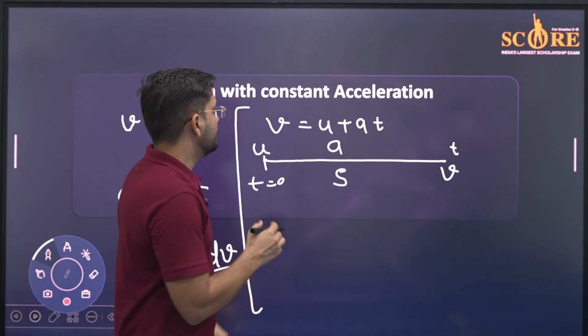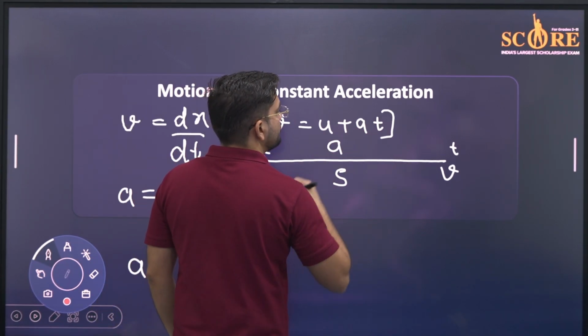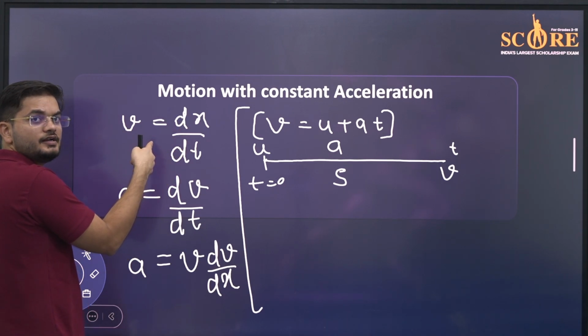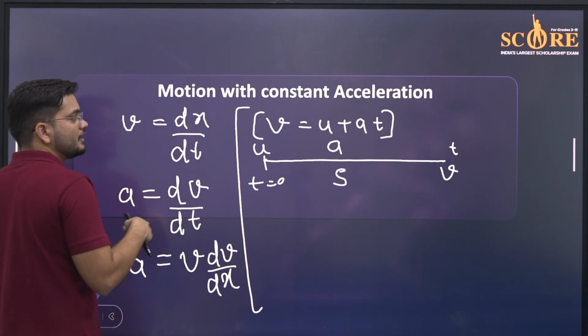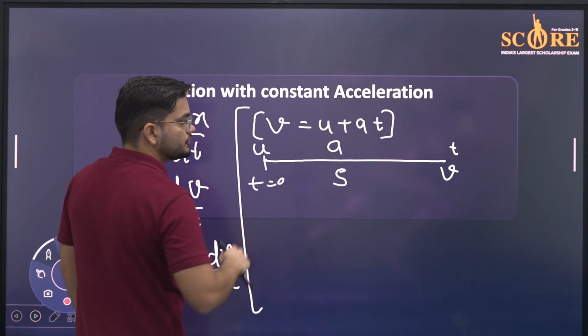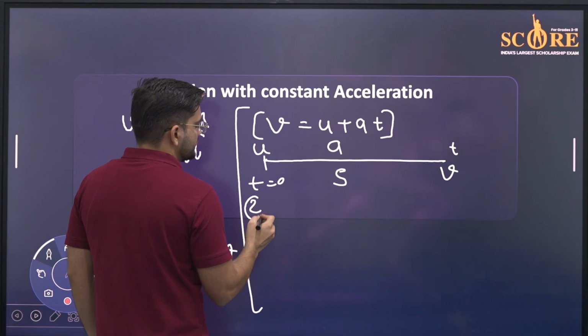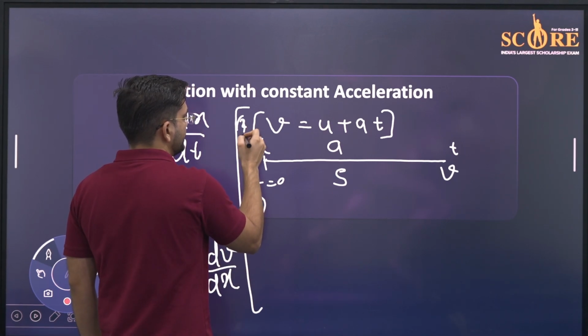How is v equal to u plus at derived? By using this equation, dx is equal to v dt, you can integrate and achieve v equal to u plus at. Clear?